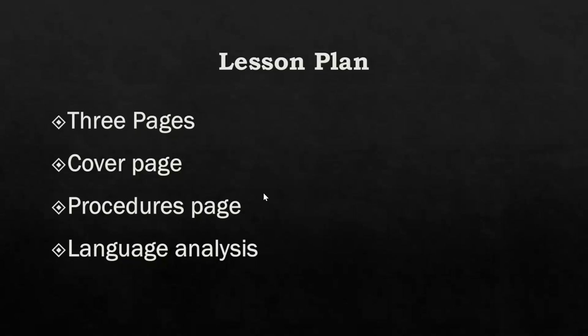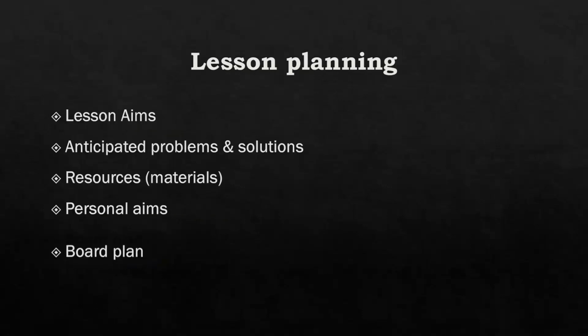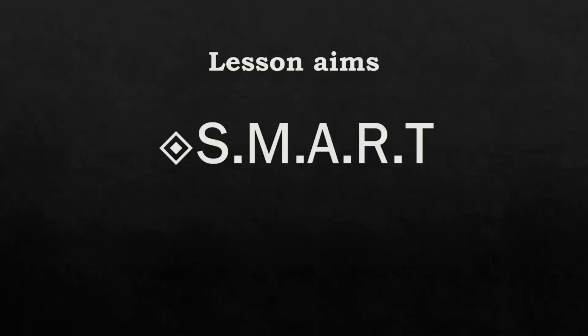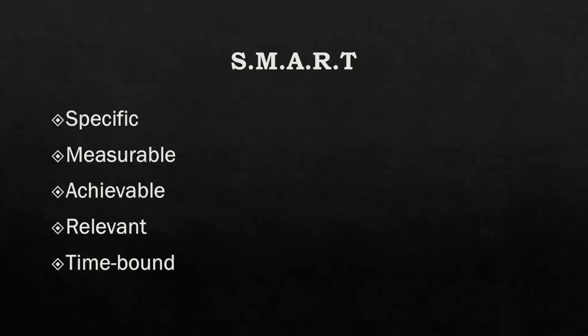Okay, so the first thing on the cover page, as we mentioned, is the aims. What you need to know about your aims is that they need to be SMART, and each letter stands for a word. So the S means specific, the M means measurable, A achievable, R relevant, and T time bound.